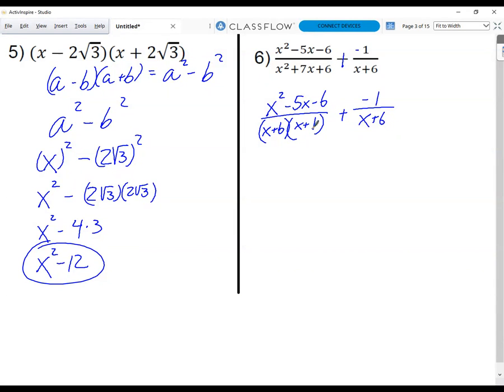So our LCD is going to be x plus 6 times x plus 1. Meaning we don't have to change anything in this first expression because it's over x plus 6, x plus 1. So we just want to bring that down.